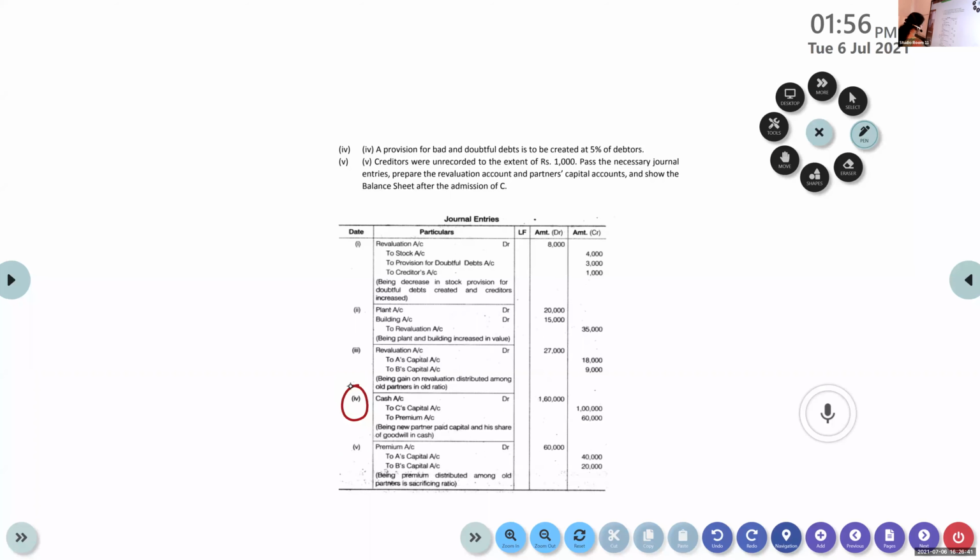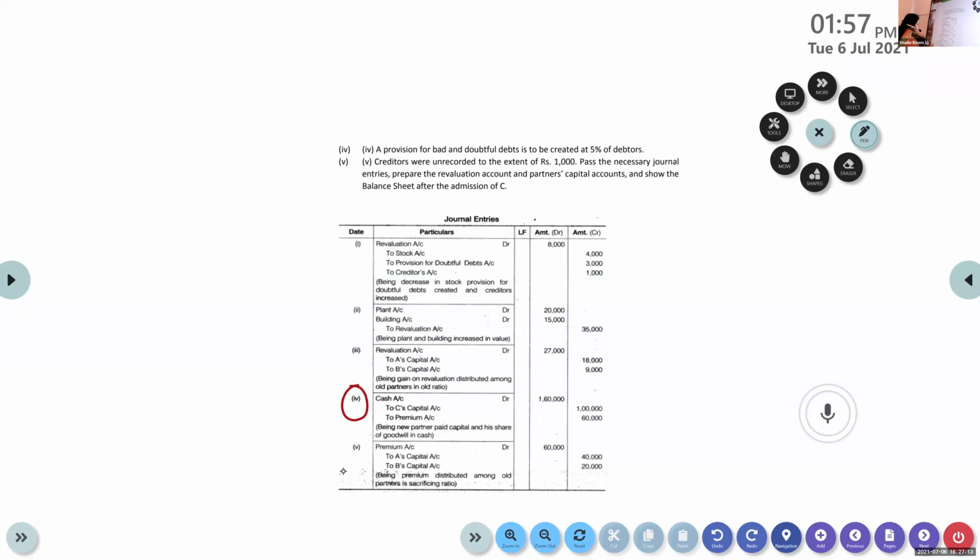First entry, capital brought by C. Now the next one, goodwill account debit or premium account debit, you can write it as the second entry.